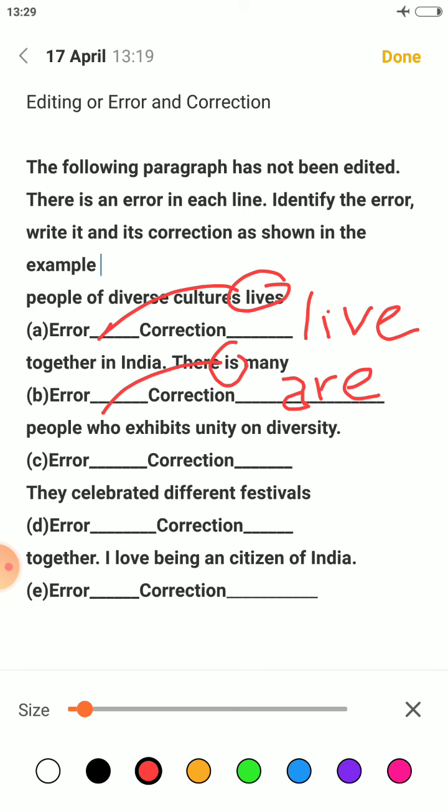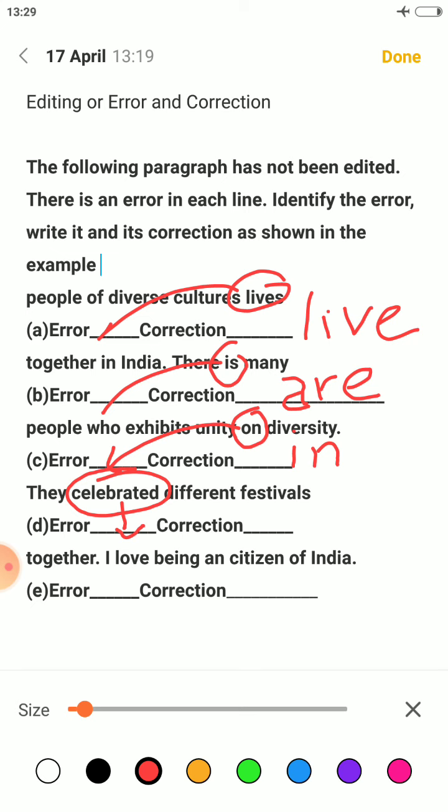Next, people who exhibits unity on diversity. The preposition on is not suitable, so on is the error, and the correction should be in. Next, they celebrated different festivals. Celebrated is past tense, but the whole sentence shows present tense.